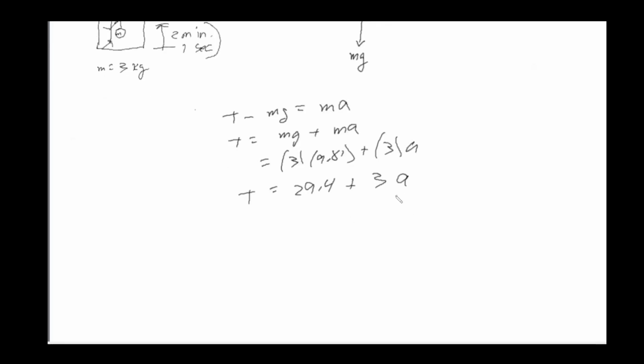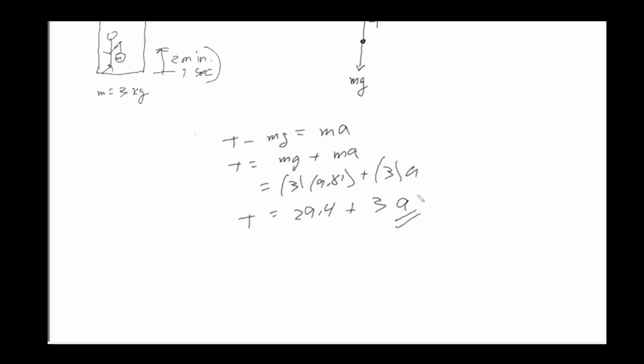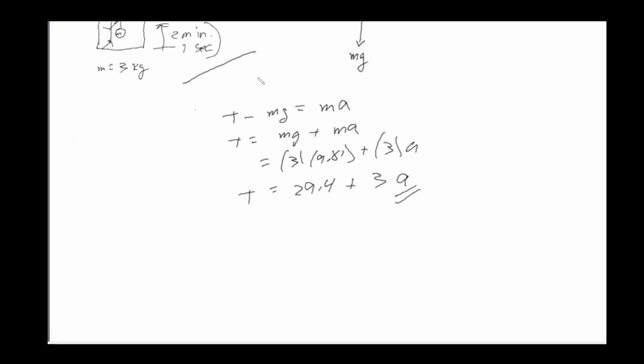Well, now we need to find a, and we're given information in order to do so, and that is that the elevator moved 2 meters in 1 second.